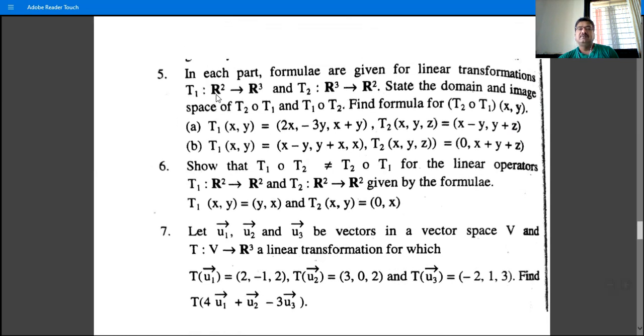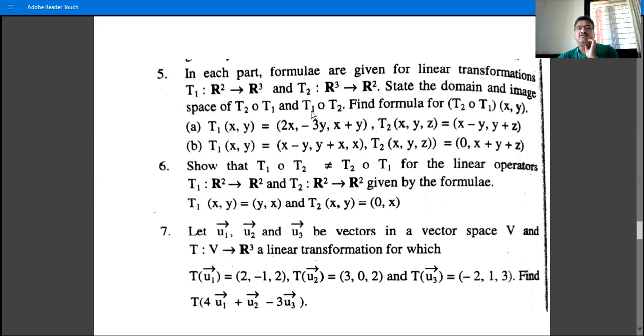So here T1 is R square to R cube, and this is R cube to R square. State the domain and image space of T2 circle T1 and T1 circle T2. So image space means domain and codomain. T2 circle T1 is defined if the codomain of T1 is equal to the domain of T2, both are the same.